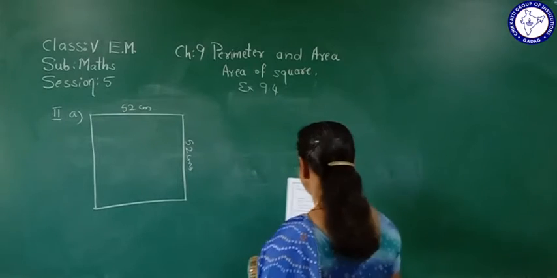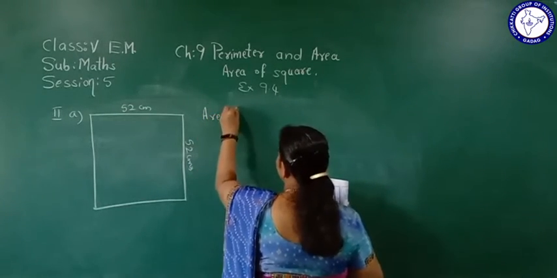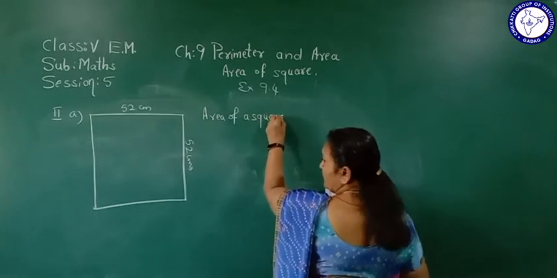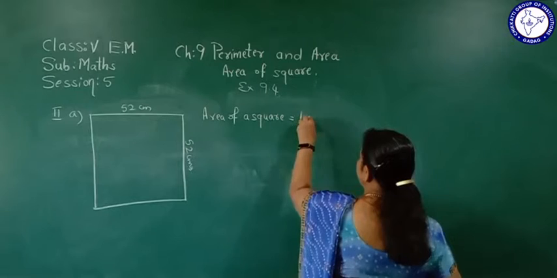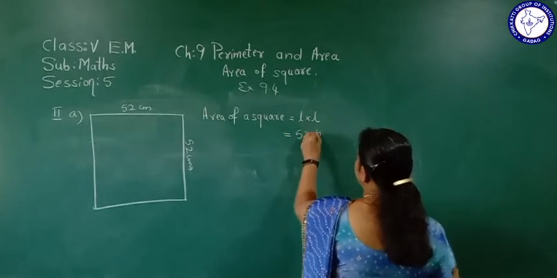Now here we should find area of this square. So area of a square is equals to L into L, which is equals to 52 into 52.